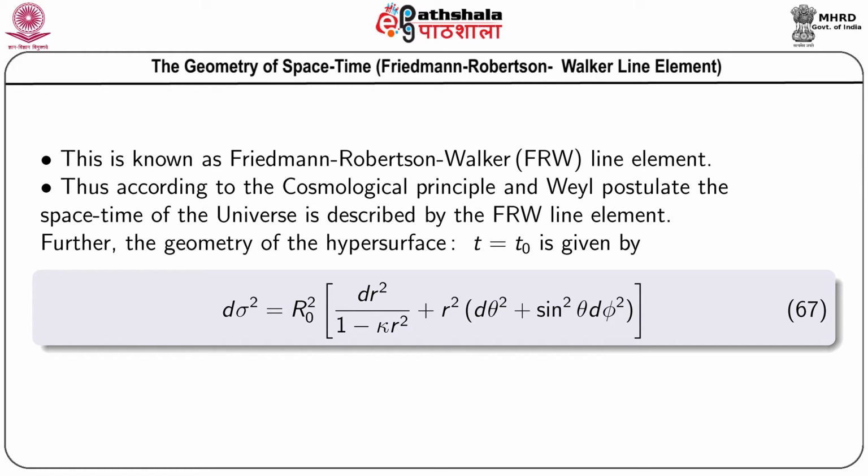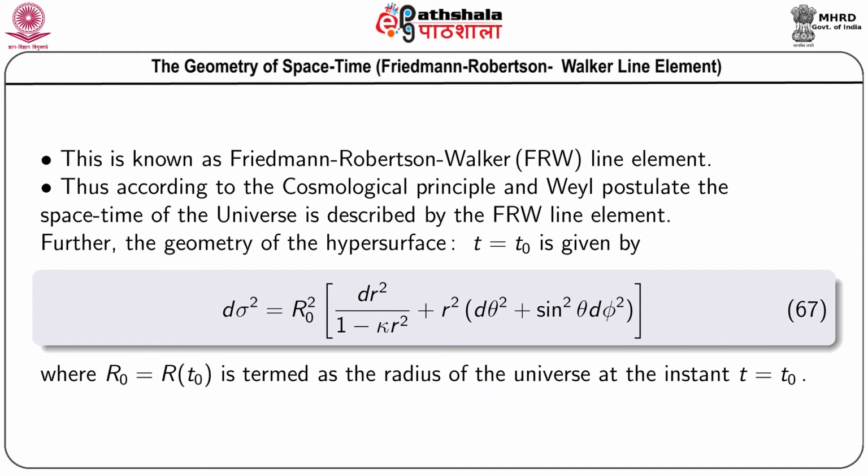So, only the space coordinates are the variables. Here dσ² equals r0² within the third bracket dr² by 1 minus κr², plus r²(dθ² plus sin²θ dφ²), where this r0 is termed as the radius of the universe at the instant t equal to t0.